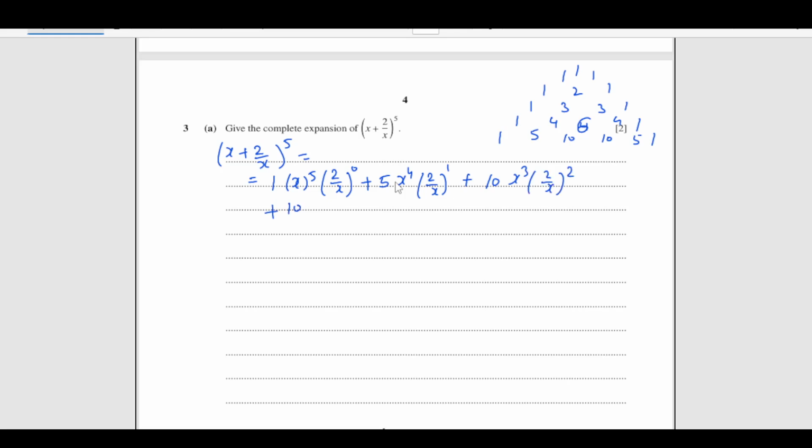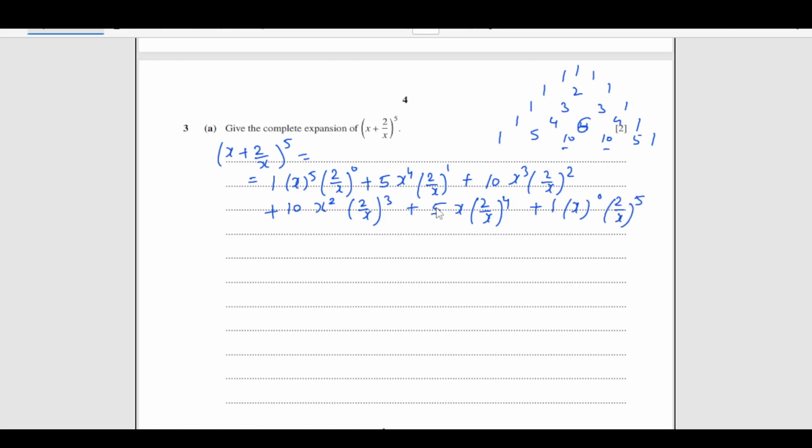Again 10 from here, x squared and (2/x) cubed. Then we have 5 here, x and (2/x) to the power 4, and plus 1 here, x to the power 0 and (2/x) to the power 5.